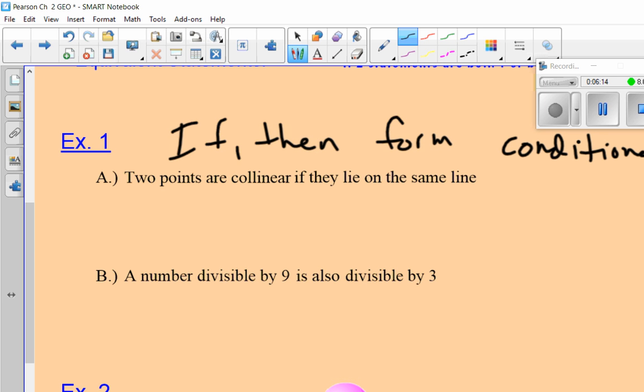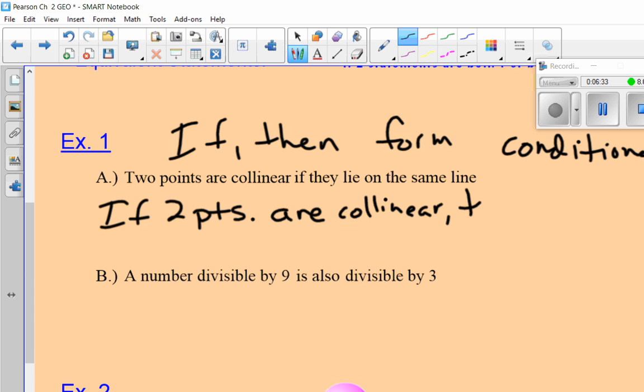I'll give you an example here. If 2 points, and I'm going to abbreviate just because I run out of space, if 2 points are collinear, then they lie on the same line.